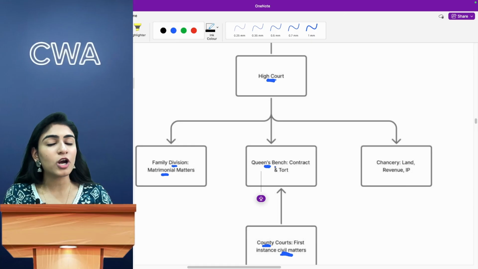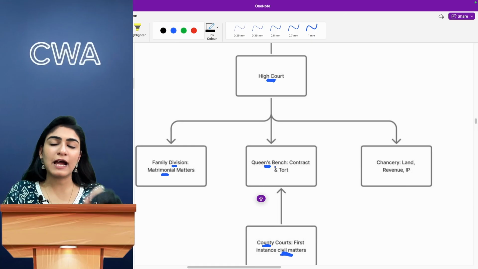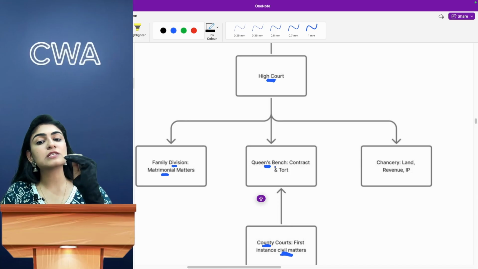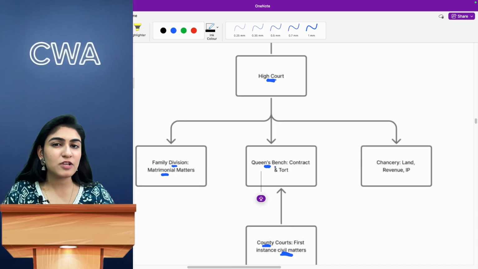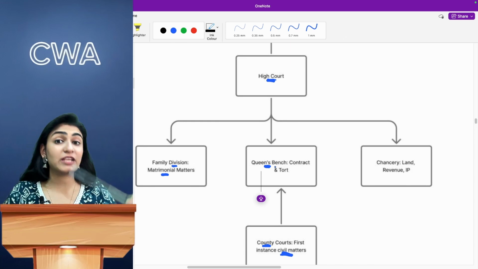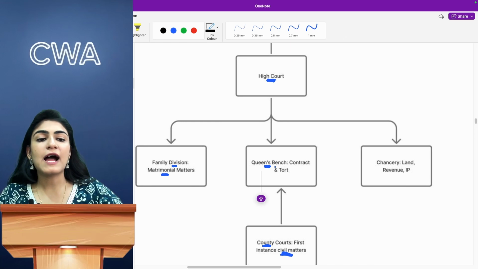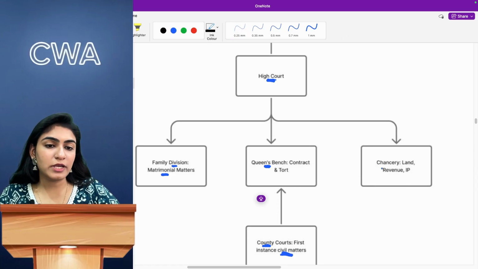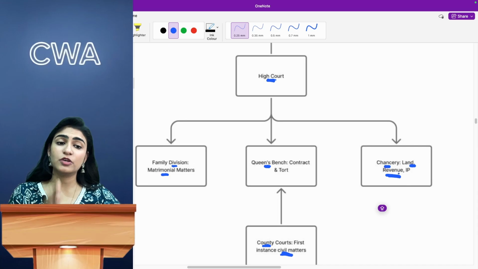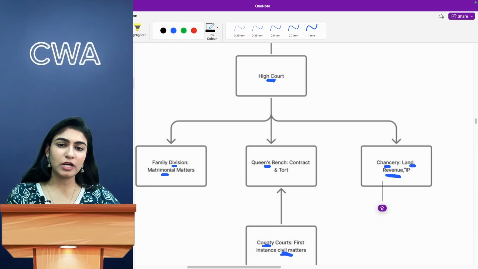If any civil wrong has happened, you are supposed to go to Queen's Bench when you are going to High Court. And Chancery: whenever there is any case regarding land or revenue, people go to this particular branch.